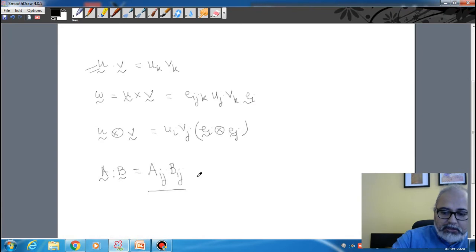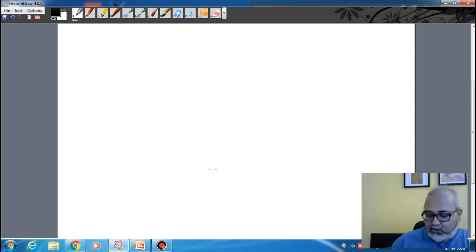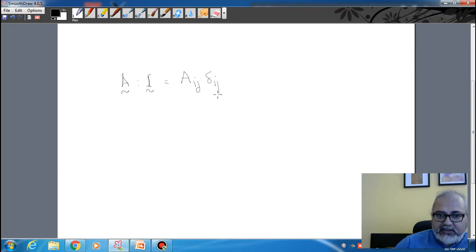Let us write A contraction of the identity tensor, the second order identity tensor. Remember, the components of the second order identity tensor are delta ij. It's equal to Aij delta ij.